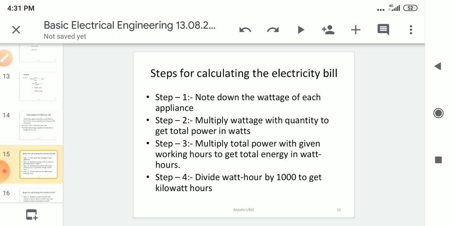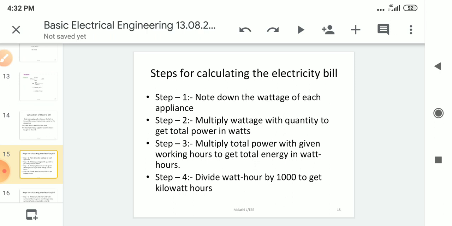The procedure to calculate electricity bill is very simple. When an electrical device is switched on, for example, if we switch on a fan, then what we are giving as input is electrical energy. It will start consuming electricity.